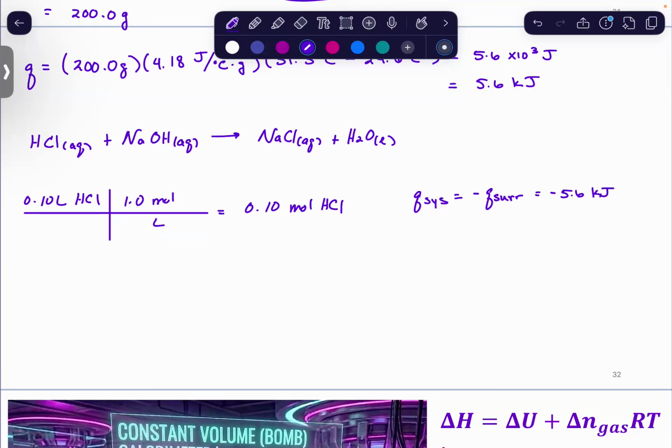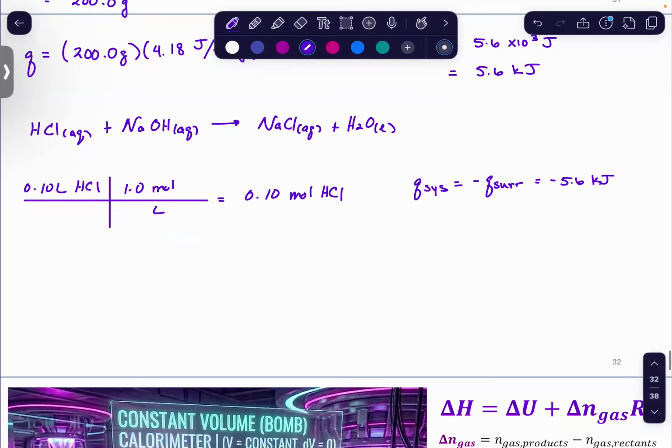Remember, the system is the individual molecules of sodium hydroxide and hydrochloric acid reacting. When they react, they release heat. That heat then led to the change in temperature that you measured in the entire environment, the surroundings.